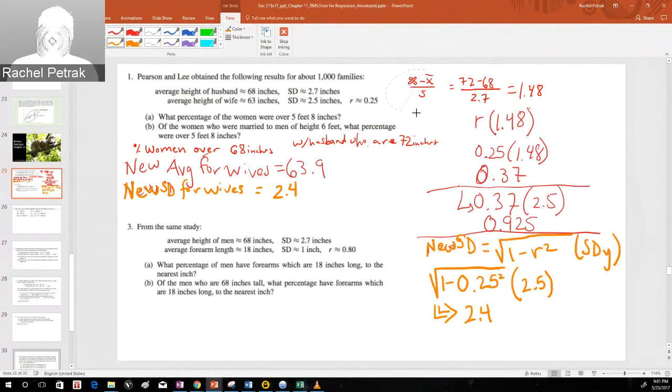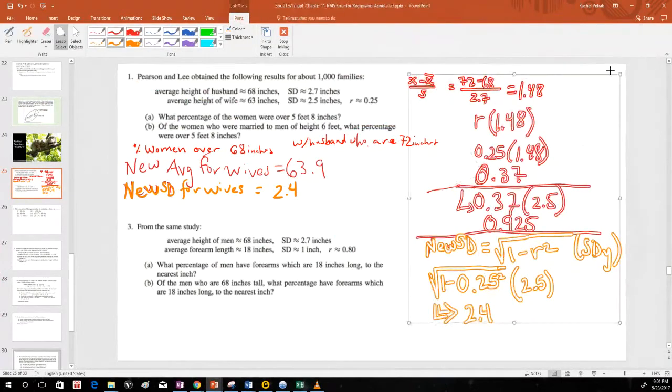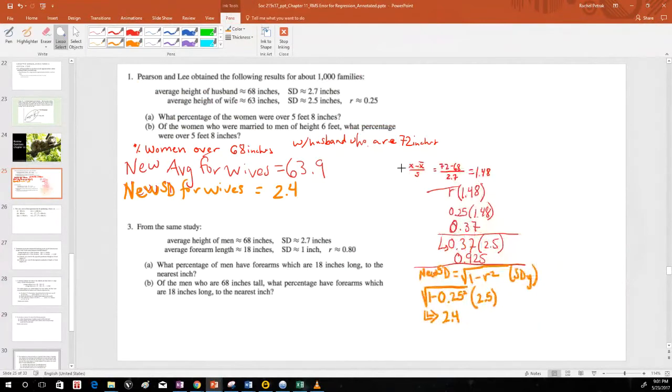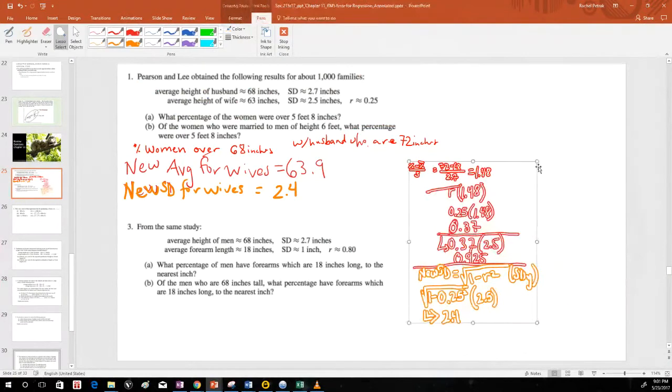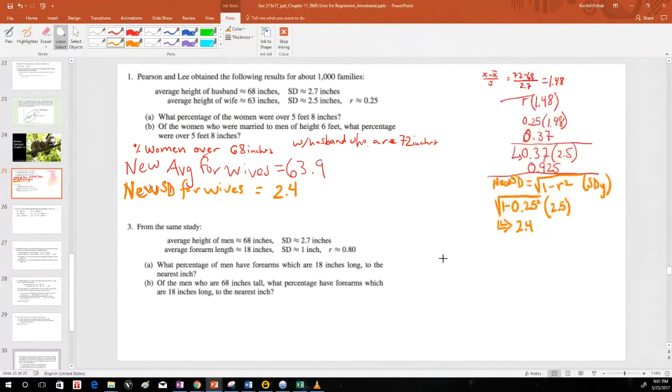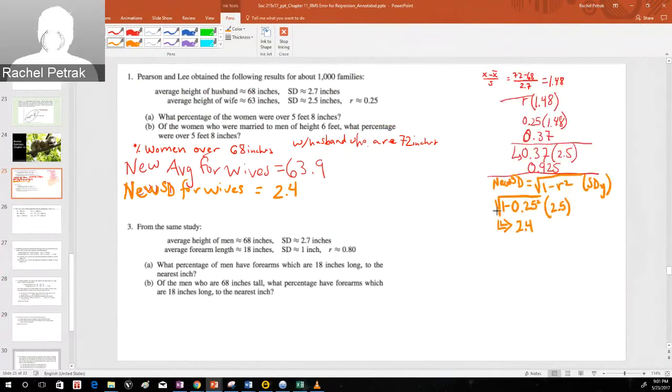Oh, I'm getting us a little bit of extra space here. So now we're going to get the z-score for women at 5 feet 8 inches based on our new average.